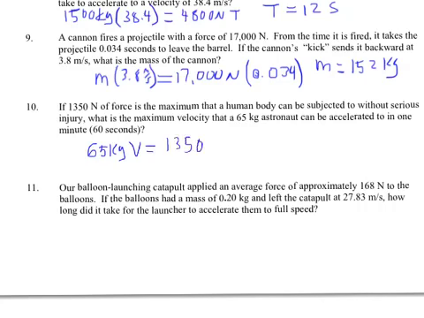Sorry, astronaut, that's a lot of force to apply to you, times the amount of time we're going to do it for. How fast does the person end up going? Again, we just multiply this by this and then divide by this. And when I do that, I find I can get that person going 1,246 meters per second. Yahoo!